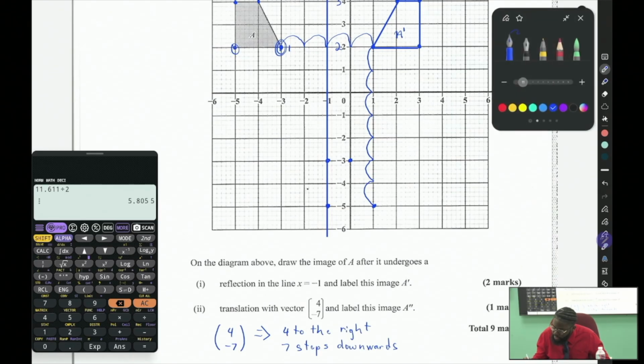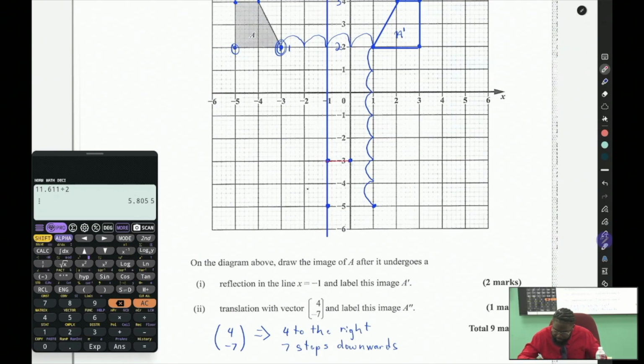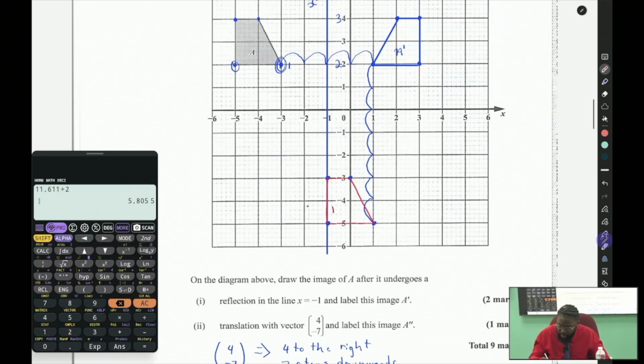And maybe I'll need to change the color to one that is easier to see. So this would be our A double prime. All right. So very simple.